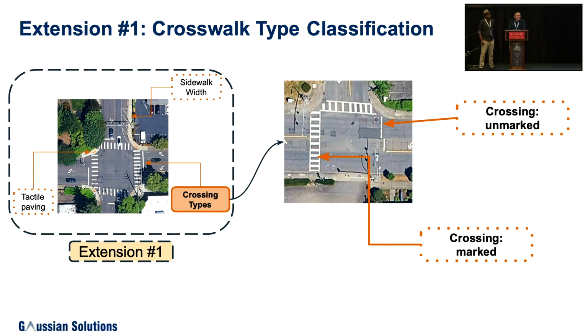Is it a zebra crossing or is it other types? We want to use AI to automate this process to reduce human effort and the time needed to go over every single crossing string.